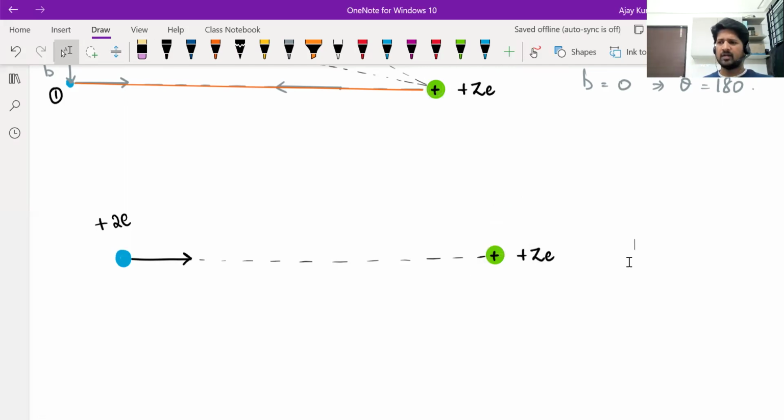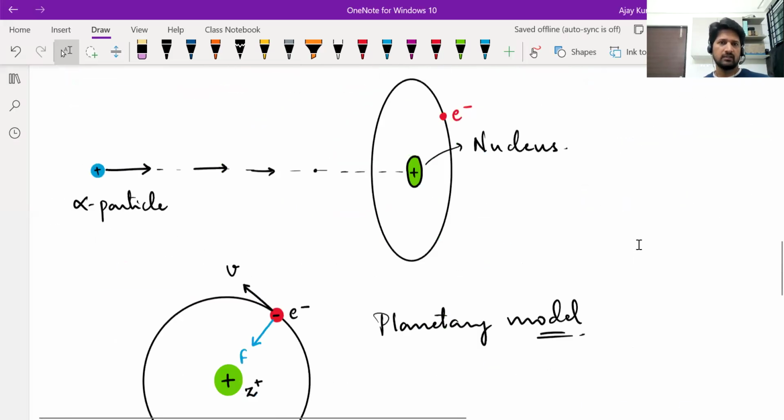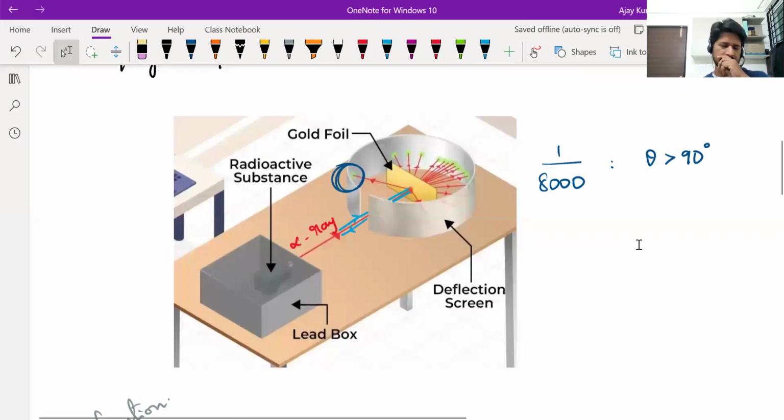Now, alpha particle is a helium nucleus. It has 2 protons, 2 neutrons. That's all. They are incident towards what? In the gold foil alpha ray scattering experiment, they are incident towards a gold foil. Now, gold has quite a large atomic number. How much is the atomic number of gold? Anyone?